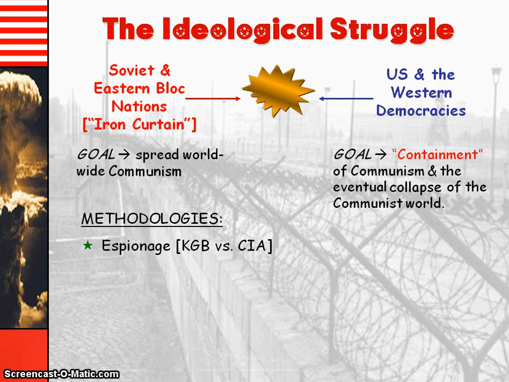Some of the methods we see include espionage, which means spying. The KGB, translated, is the Committee for State Security. They function for foreign intelligence, counterintelligence, and guarding the border of the USSR from nationalism, dissent, and anti-Soviet activities, versus the CIA, the Central Intelligence Agency.